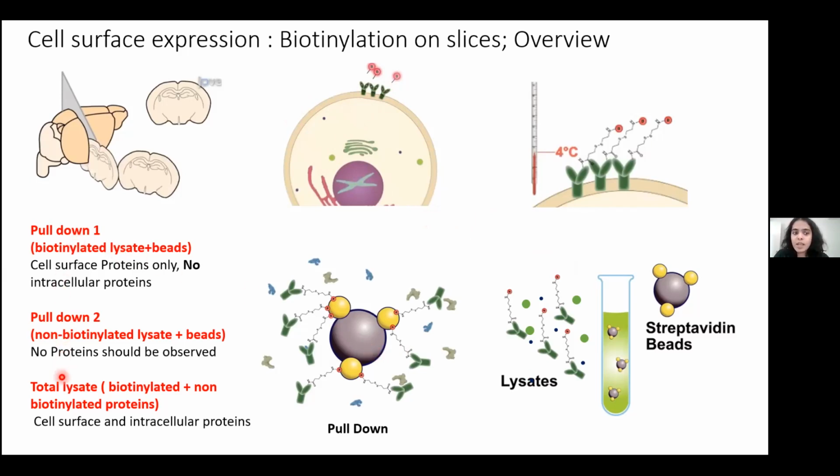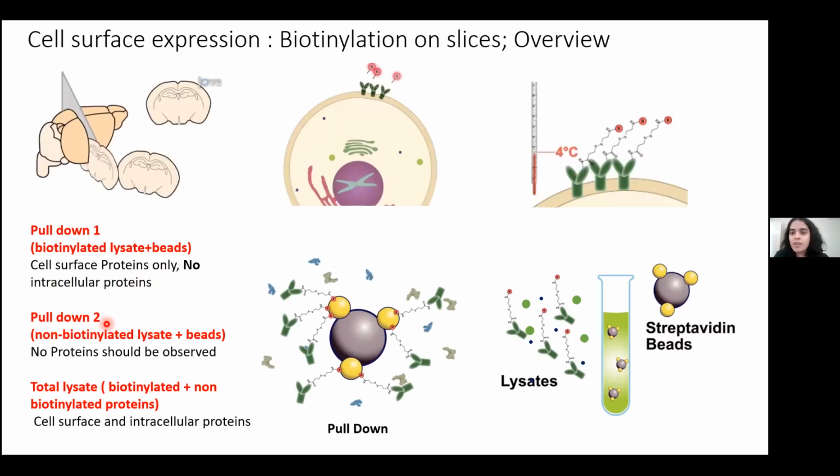So there's three sets that we make. One, the pull down, which is the biotinylated lysate and the beads. So this we expect just cell surface proteins, no intracellular proteins. The next is we don't biotinylate some tissue, and that's the negative control.